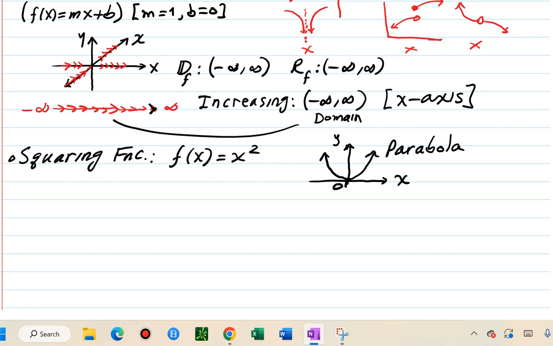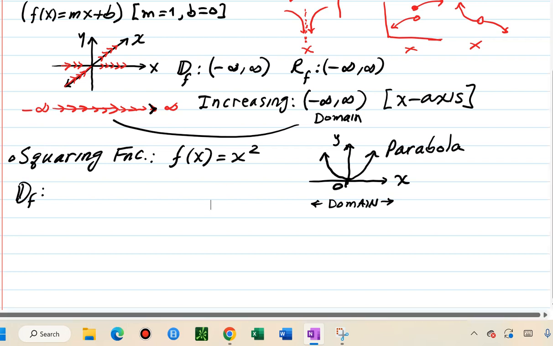We take a look at these parabolas in much greater detail later on, but for now, there you go. That's the graph. The domain of this function, the squaring function, x can be anything along the x-axis. Remember, for domain, we look at possible x values. You plug it in, you square it, and there will be an output for every given x.